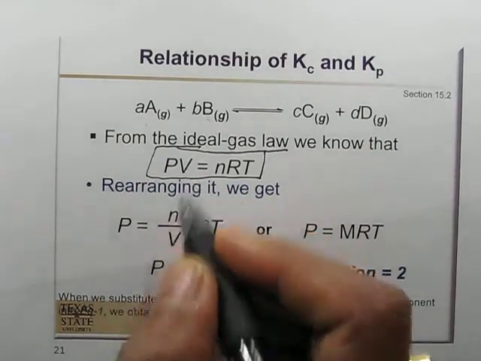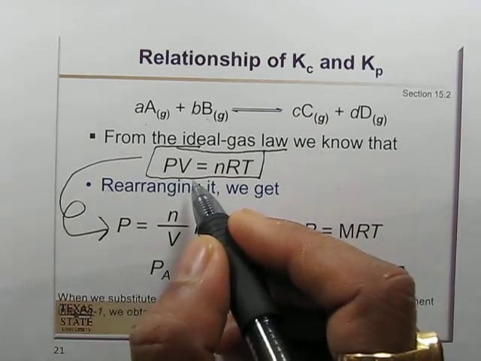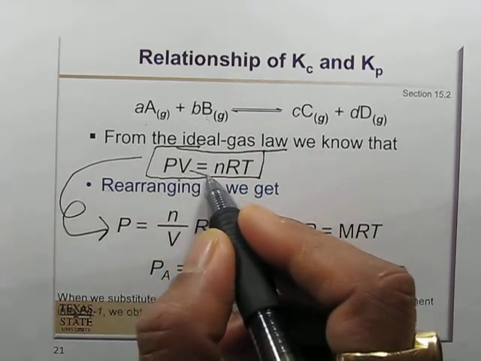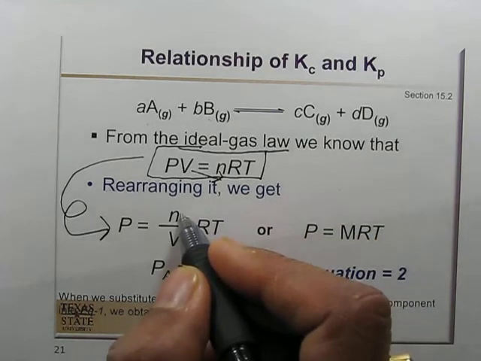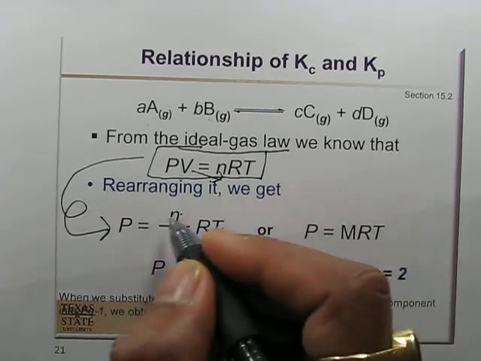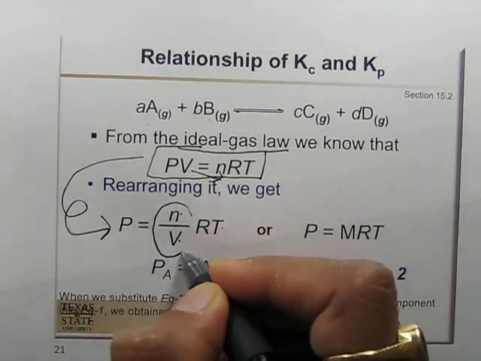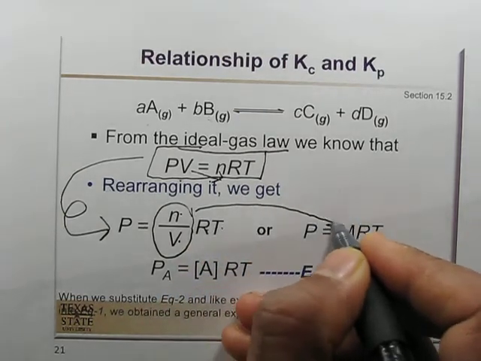We can rearrange this equation by moving volume to the right-hand side. So we can write n over V times RT, and n over V is nothing but the molarity.